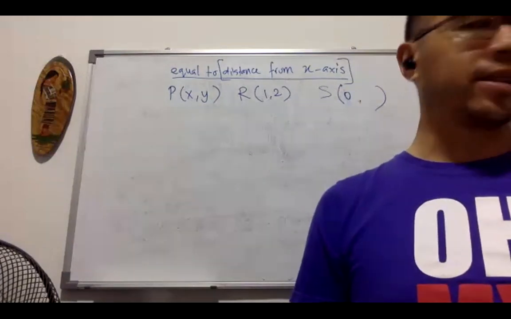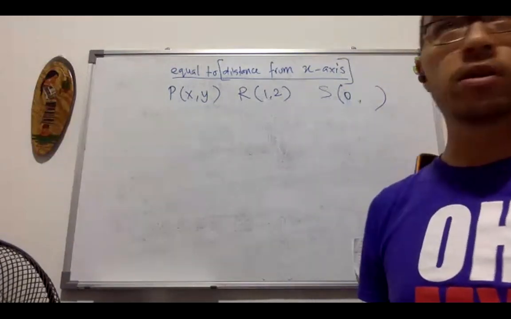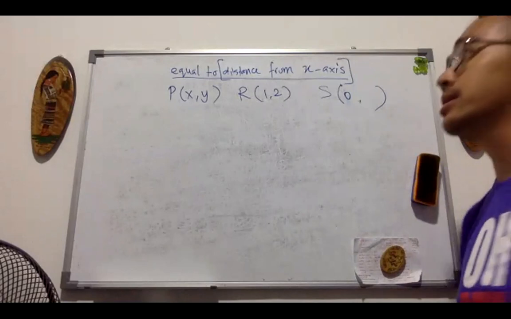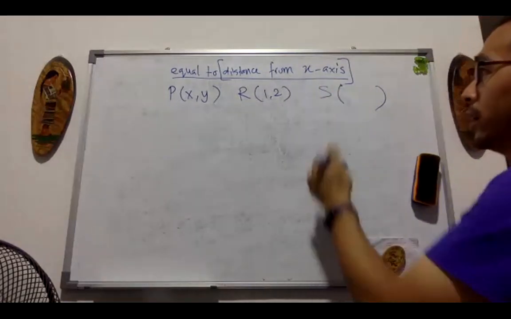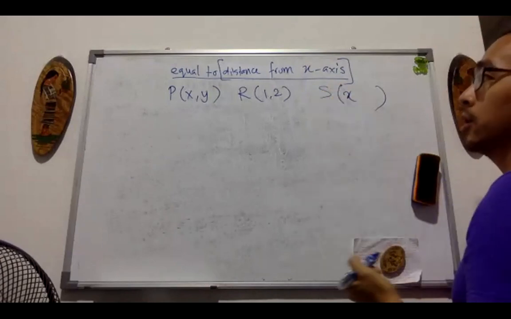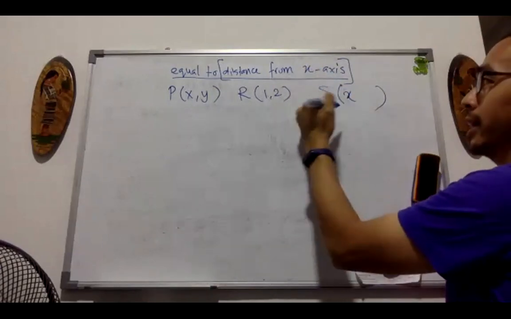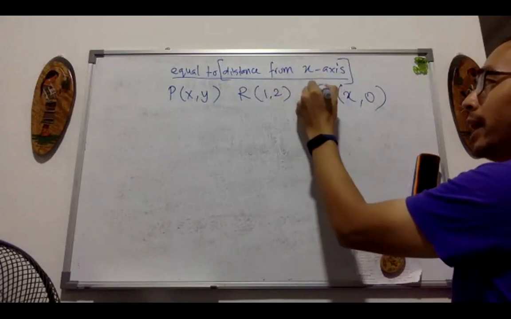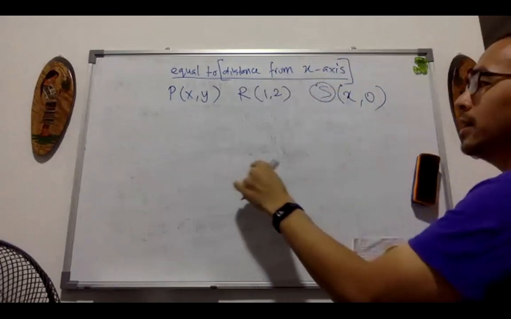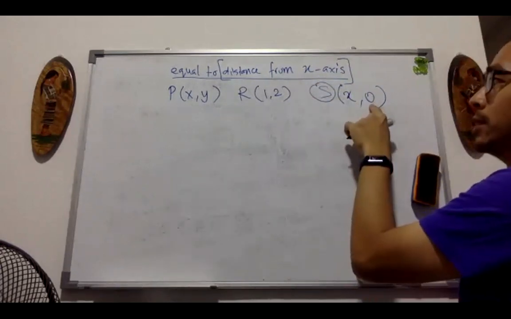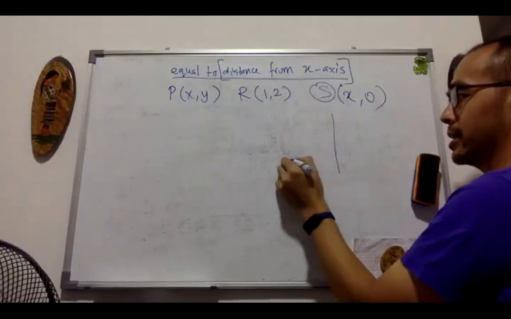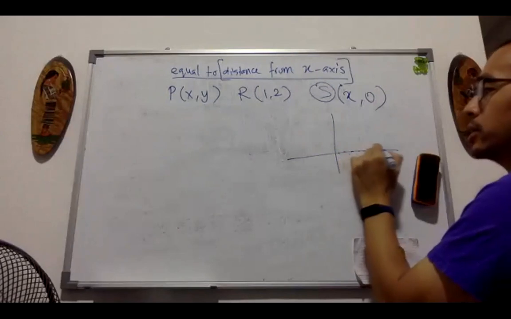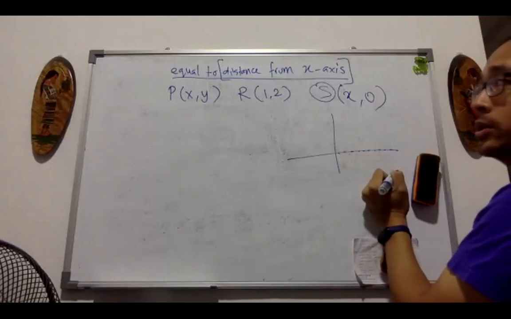We take y minus 0. So we don't really care what the x is, because if it is equal to the distance from the x-axis, then the point S will be whatever point, but it will always be along the x-axis. So any point along the x-axis is something, 0.